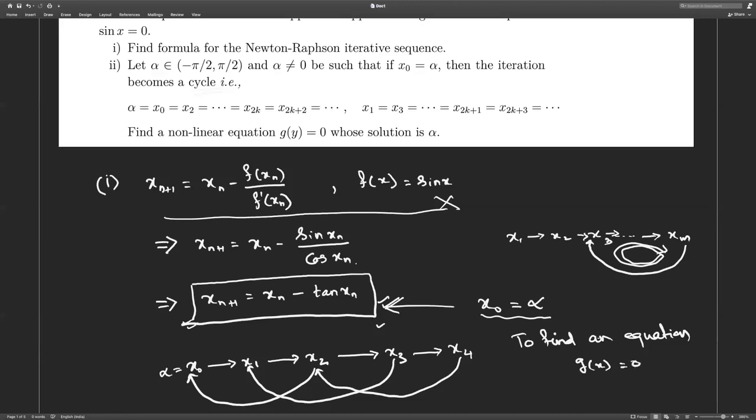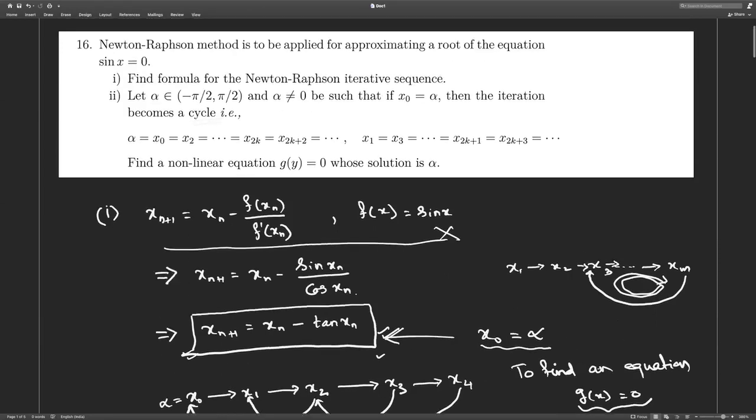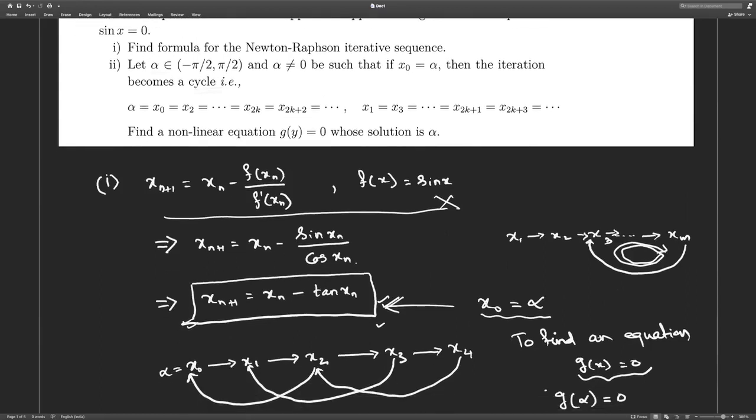It means you have to find the function g, not the fixed point iteration. This is something else. So you have a nonlinear equation g of x such that its root, that is, you solve this equation and get the root of this equation, which has a non-zero root in the interval minus pi by 2 to pi by 2. That's the fact which is given as a condition in the problem.